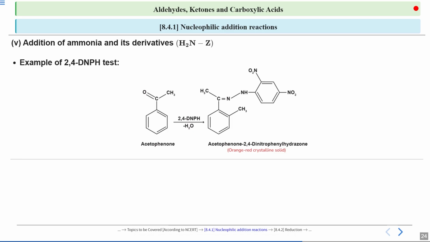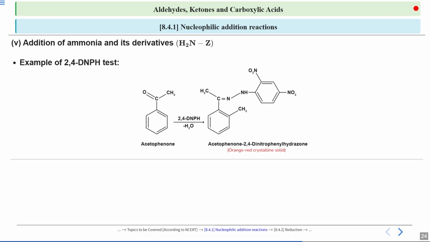Now this is an example of 2,4-DNPH. This is a condensation reaction which occurs by the loss of water. This is acetophenone. When you treat it with 2,4-DNPH, there is loss of water, and finally you get a hydrazone, that is acetophenone 2,4-dinitrophenylhydrazone. The precipitate formed is brightly colored, ranging from yellow to red, which confirms the presence of a carbonyl group.